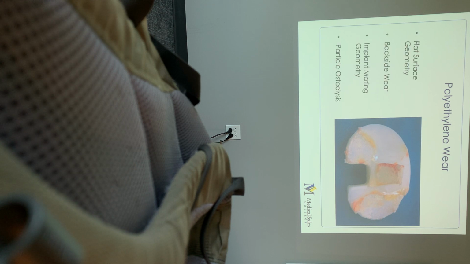And what happened? Flat surfaces, backside wear, implant mating geometry that didn't fit together real well. And what was the result? Particle osteolysis. And osteolysis is a big deal, still is a big deal, because we've still got a lot of implants out there that could be having some trouble.